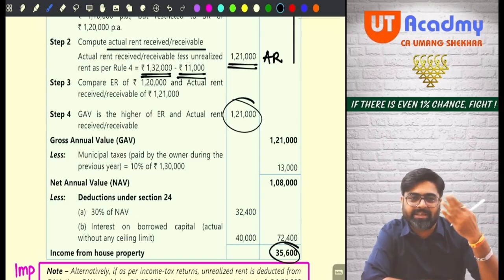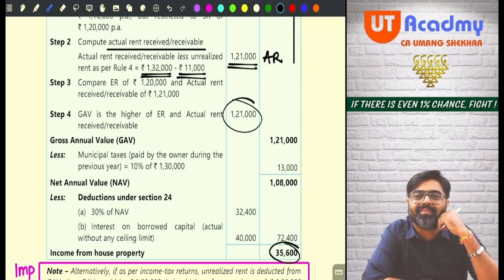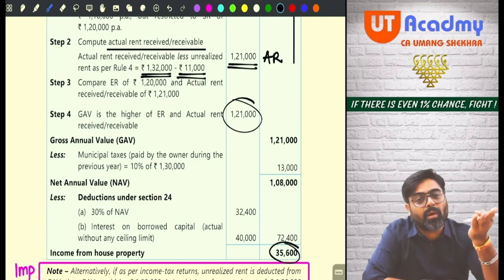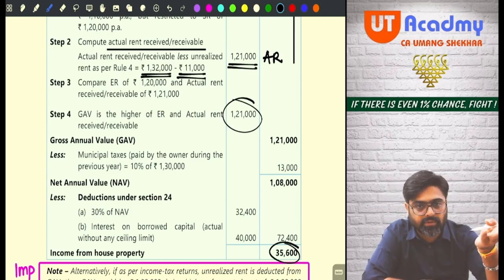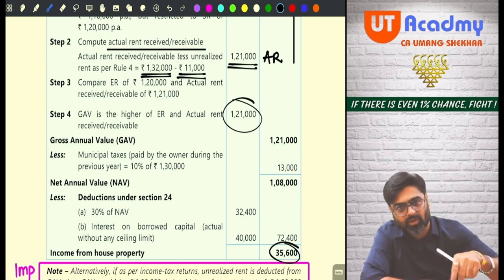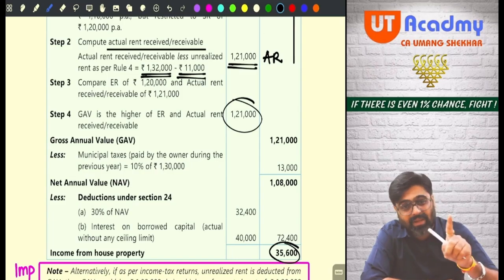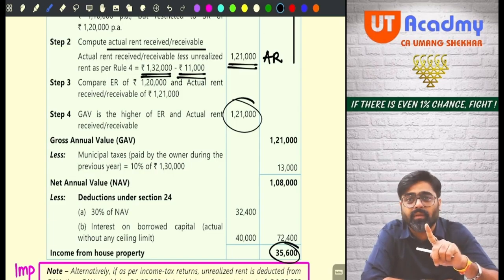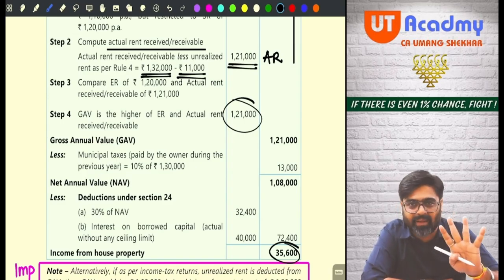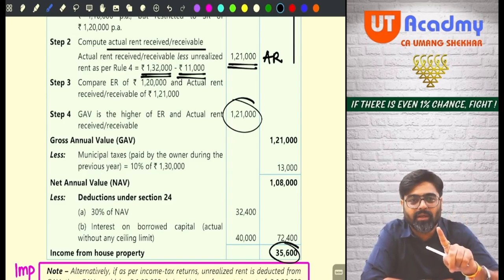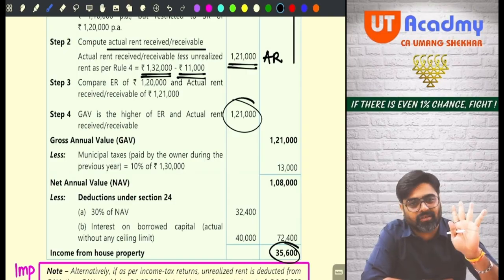So for us also GAV was 1,21,000 only, no? So if we reduce unrealized rent from GAV, then also final GAV taxable was 121. Here also it is 121. But sometimes this amount may differ. But this time it is fortunately same. Getting my point? In both the ways, our answer is correct only.